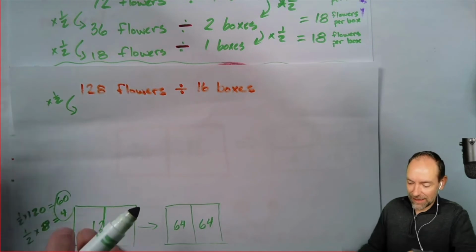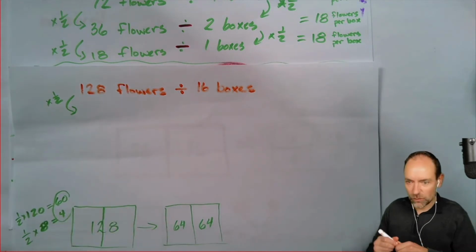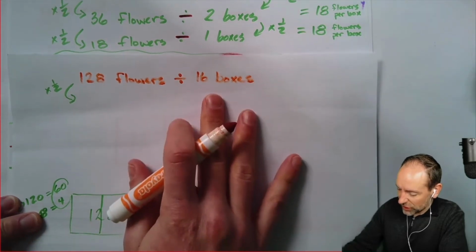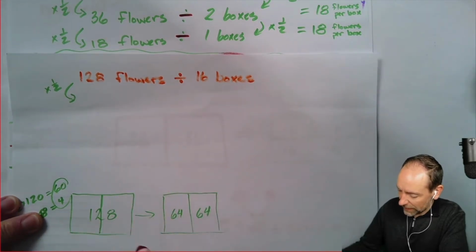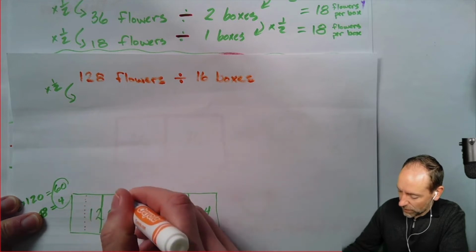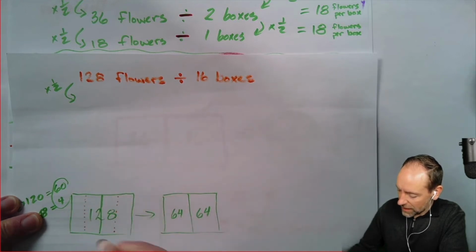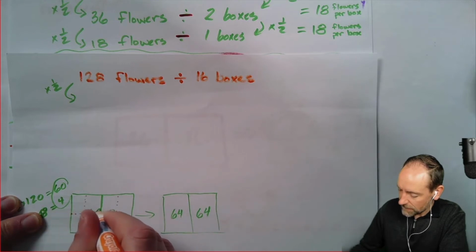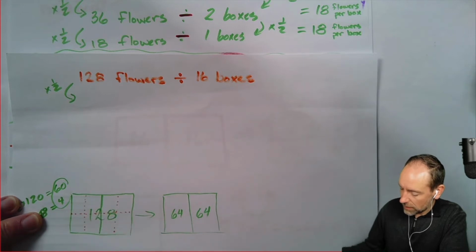But keep in mind, there are 16 boxes. Like this idea you were sharing, Miss, I'm not sure exactly how we're going to partition this, but just to make my life a little easier, that's 4 boxes. If I go this way now, that's going to be 8 boxes. Whew, 8 boxes.